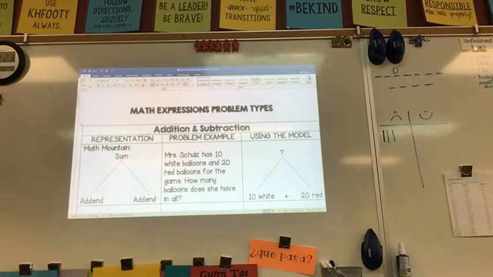How many does she have in all? In all. Jaden, Addison, those go in box 2. That way they're all turned in. So there's my math mountain when I'm adding. We're taking two numbers. We said, hey, there's 10 white balloons and 20 red balloons. To figure out how many there are in all, we can put them in a math mountain to find our sum. Capiche?